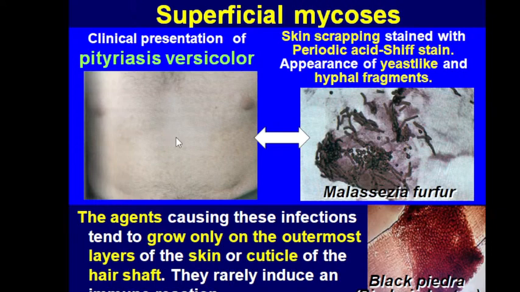And they almost never induce severe immune reaction. Even if it is not visible, changes occur in the body. But if you take a scraping out of the infected area and perform staining with periodic acid-Schiff stain, then we see the yeast-like and the hypha fragments of the fungus Malassezia furfur. See, we don't even see that it is there. Staining will help us to see it.